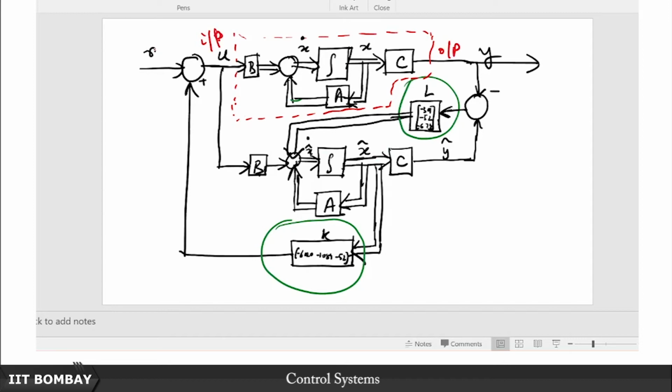So instead of just passing this R, I have extracted this output and passed it through this observer model. This is the combined observer controller that I have designed for the example that we have chosen. With that we come to a culmination of whatever we wanted to cover in this course. That by no means suggests that that's all there is to discuss at the undergraduate level.